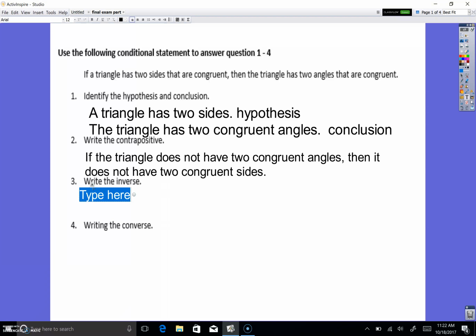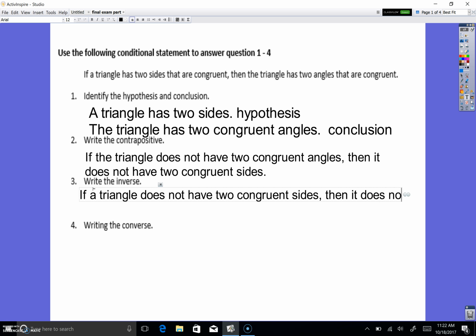So with the inverse, I can say if a triangle does not have two congruent sides, then it does not have two congruent angles.